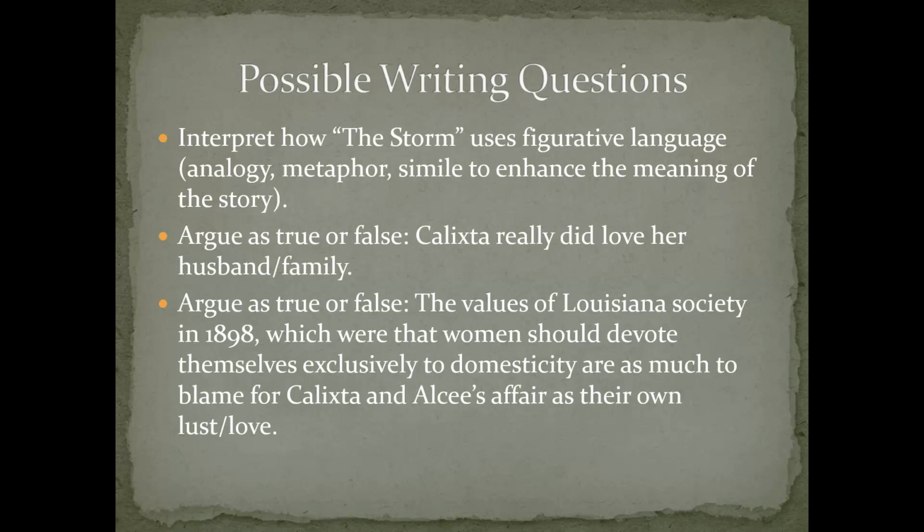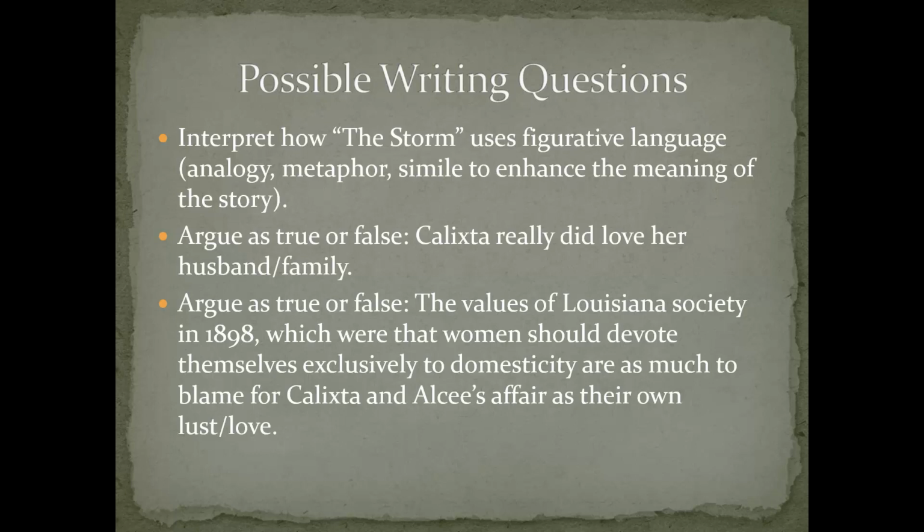And again, a lot of these possible writing questions are on the assignment sheet, so you can look at these if one of these appealed to you. I don't know if that second bullet point is on there. Did Calixta really love her husband and family? Is it possible to interpret it that she did? That might be an interesting thing to write about.